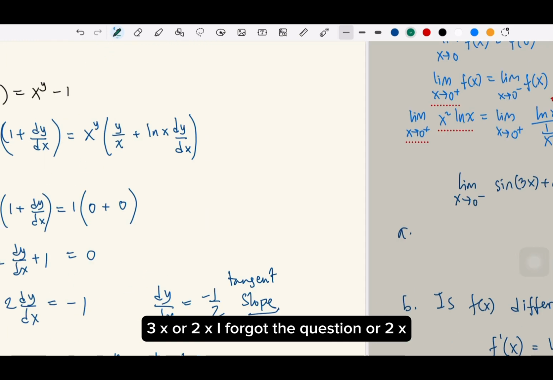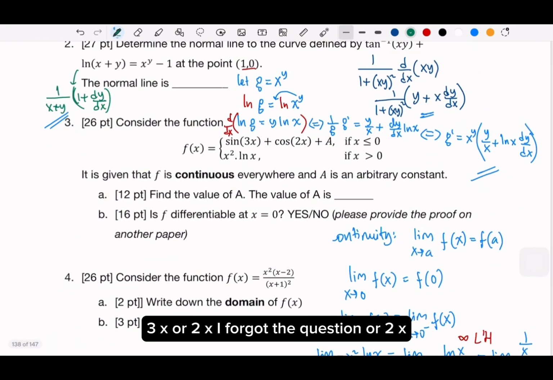Is it 3x or 2x? I forgot the question. Let me check the question. Oh, 2x.